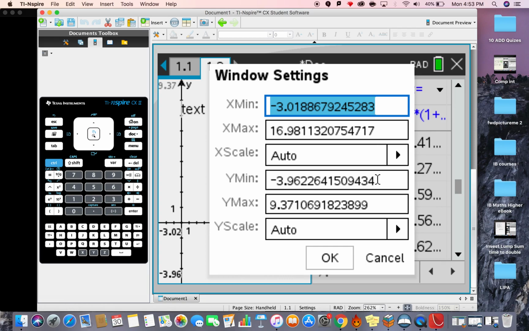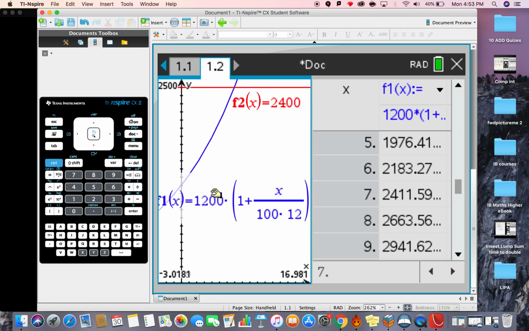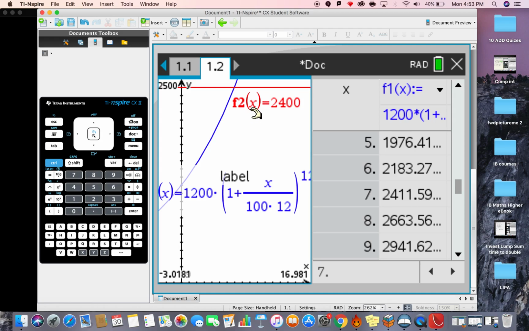The y value is the final value of your investment. I know I need to go up to about 2,400 on the y maximum, so let me get to 2,500. It looks quite complicated, but let's unpack it. The blue line is the first equation you typed in. The red line is 2,400, and the intersection point is what we're after.